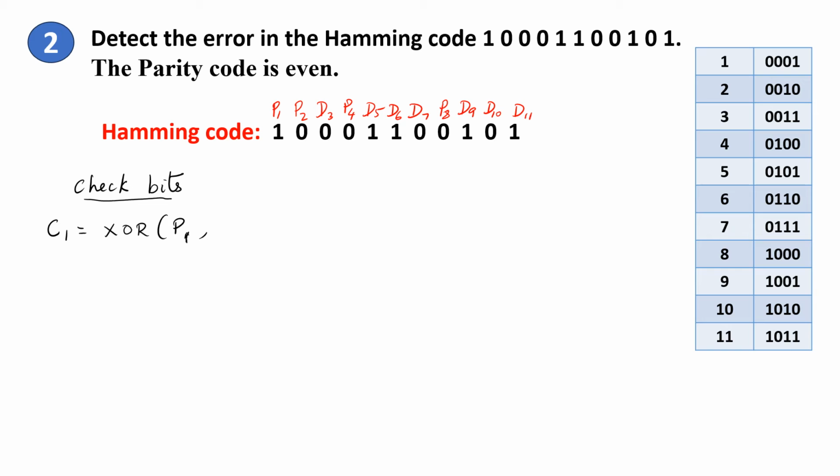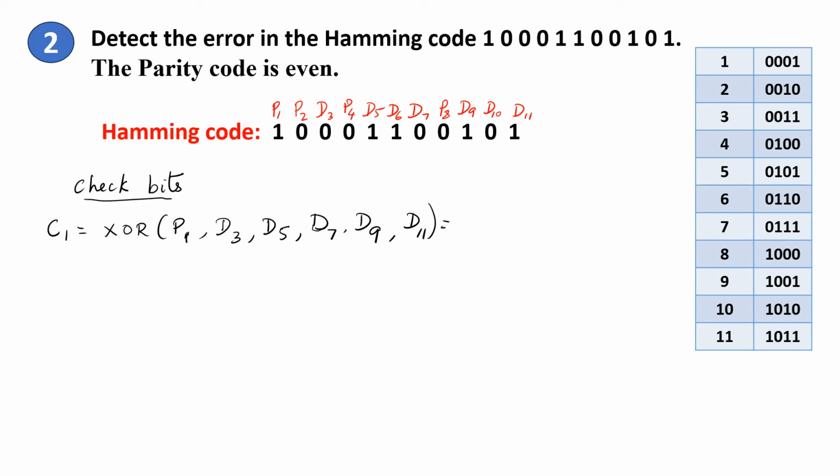So you can choose the data bits in that way. The data bits having 1 in the first position are D3, D5, D7, D9, D11.